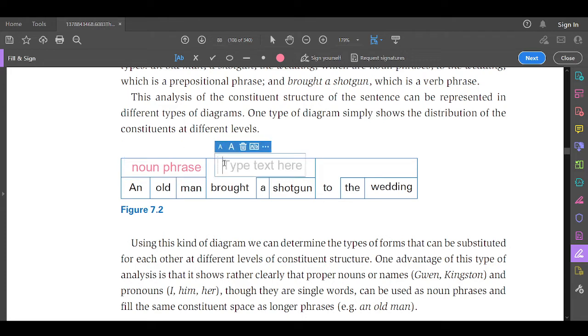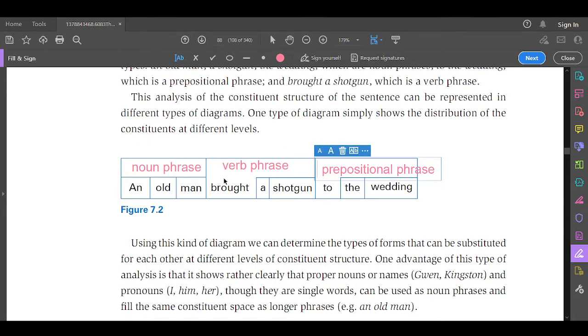Here we have a verb phrase. To the wedding is a prepositional phrase, because it starts with a preposition.